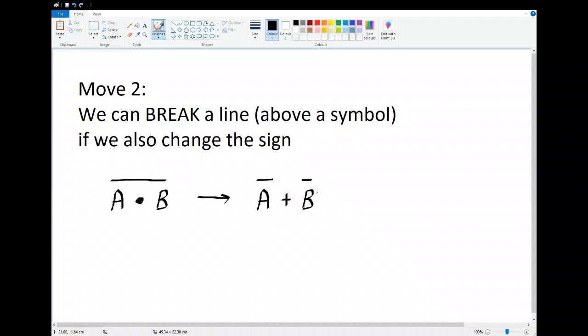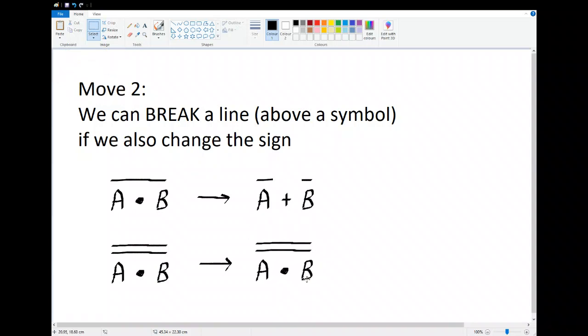We can use a NAND gate to create this function. So we can break a line as long as we also change the sign. If at the start we had this function, then we could come along and break the line and change the sign. But we would only be breaking one of the 2 lines, the one above the sign.